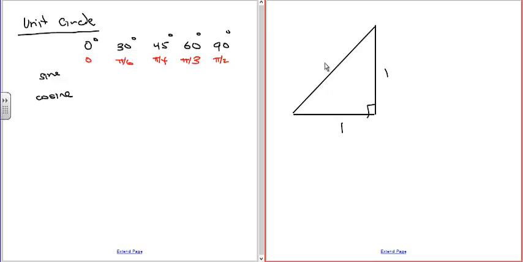So the Pythagorean theorem says that the hypotenuse squared is equal to the sum of the squares of the other sides, the two sides adjacent to the 90 degrees. So you get x squared equals 2, x equals the square root of 2. So this is the square root of 2.